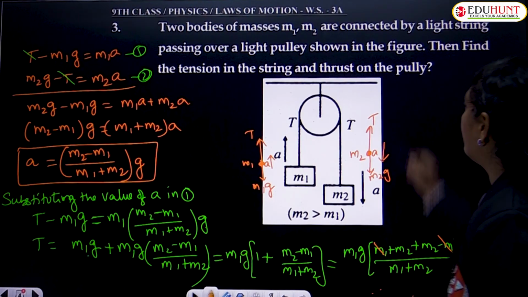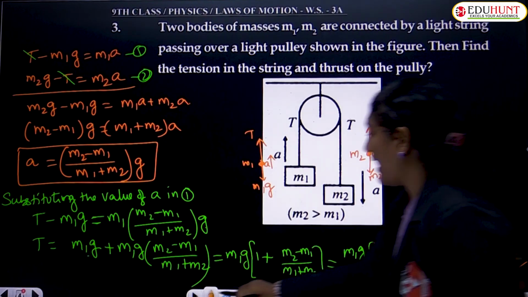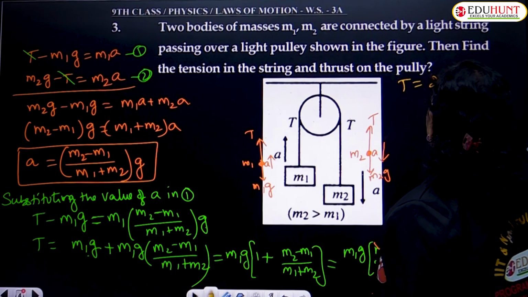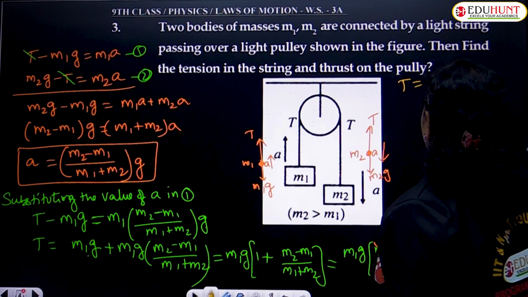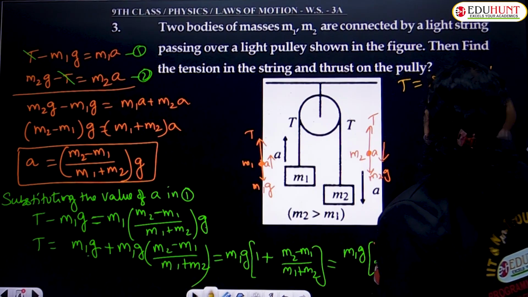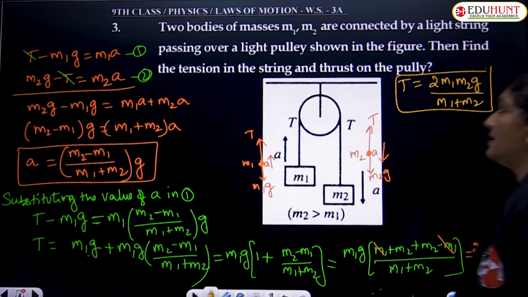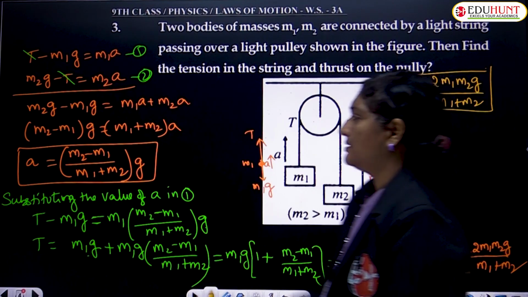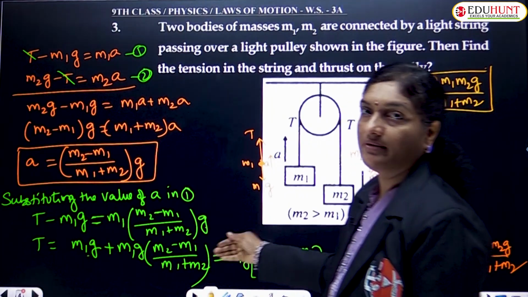Hence, we found the value of T as 2M1M2G by (M1 plus M2). So this is the first thing they have asked for: what is the tension created in the string? Its value is 2M1M2G by (M1 plus M2). Simply the same concept we have discussed.